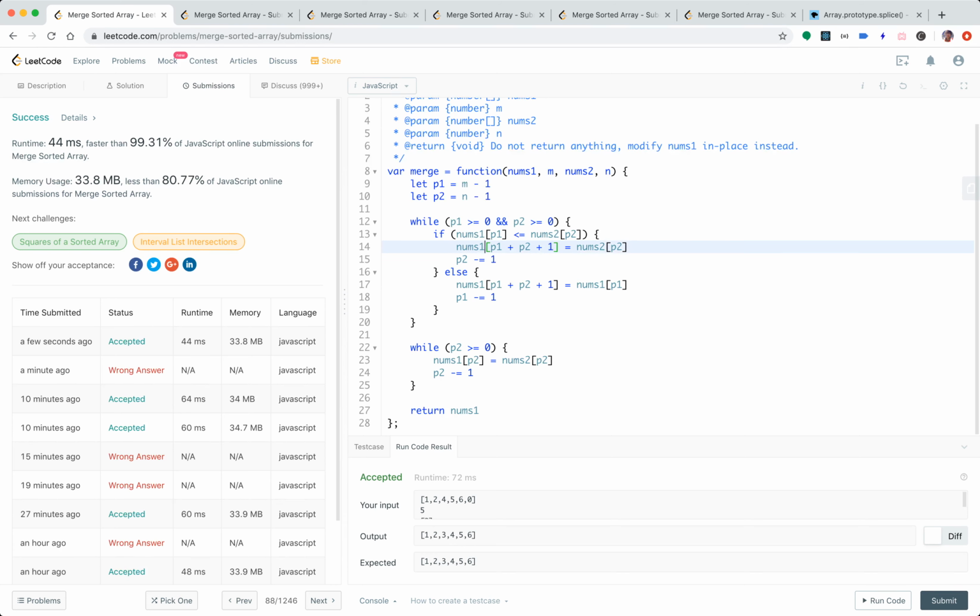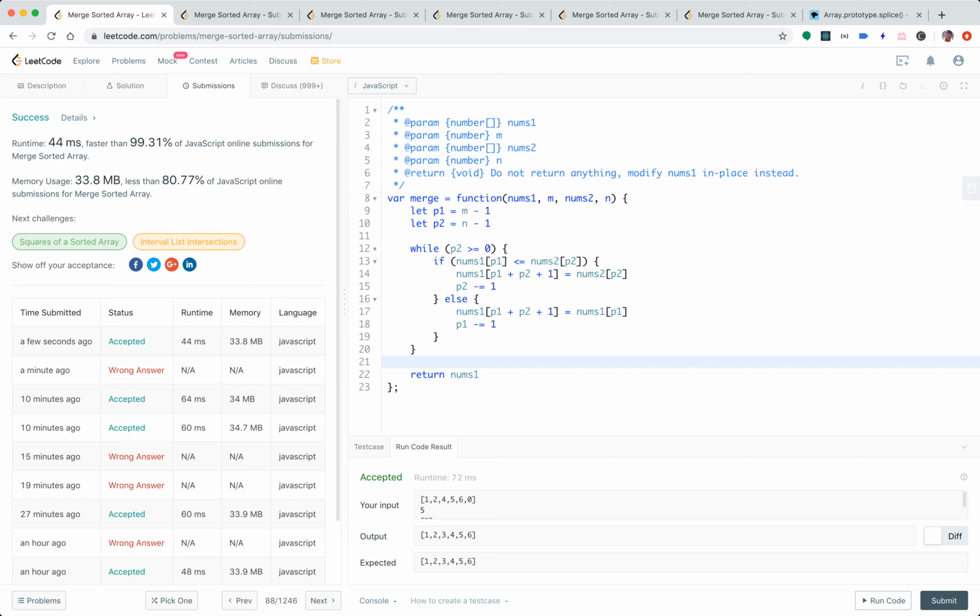Minus 1, so this will be the same, actually. If nums1 is smaller than this one, so actually there's no need to put it here. But if p is ended, oh, maybe we don't need this one. Cool. Maybe, but I'm not sure.